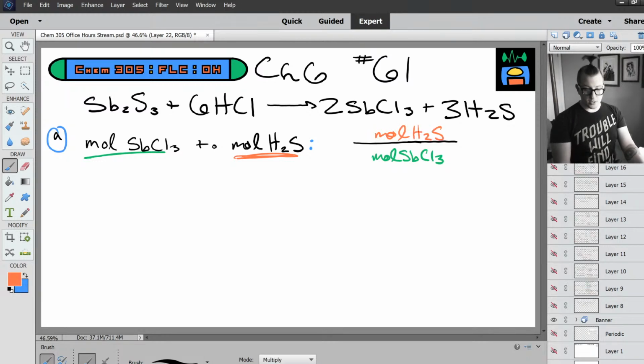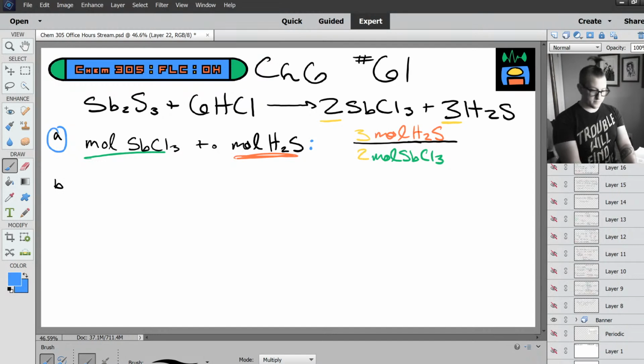And then the numbers that belong there are from the balanced chemical equation. So 2 moles of SbCl3 are made with 3 moles of H2S. So that would be the conversion factor for part A.